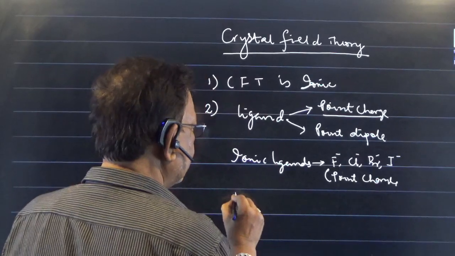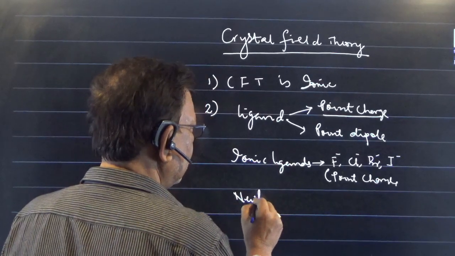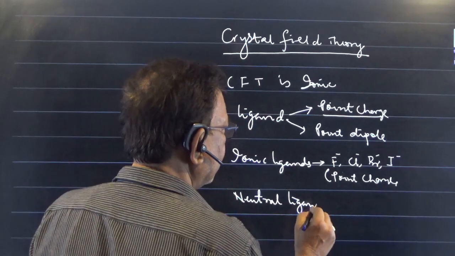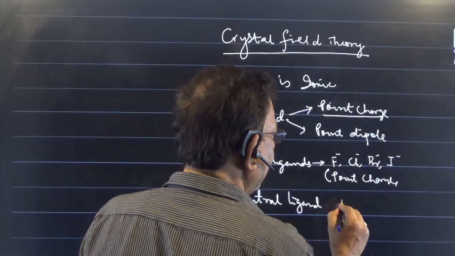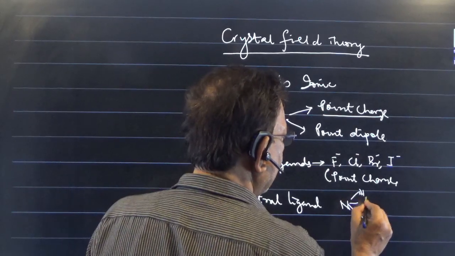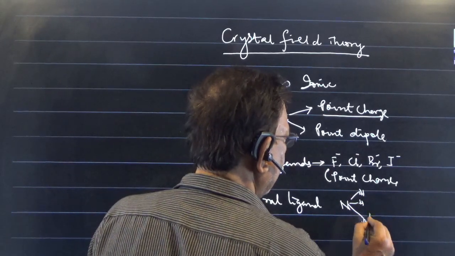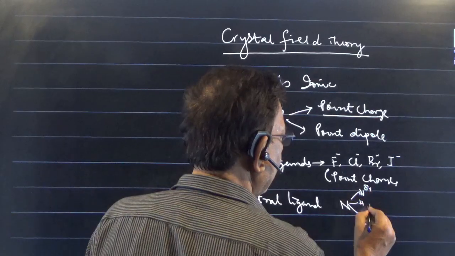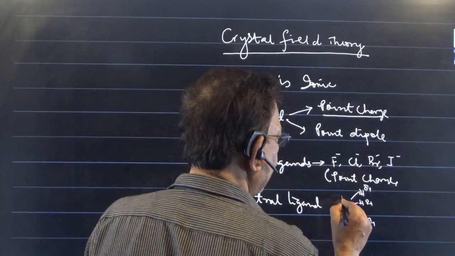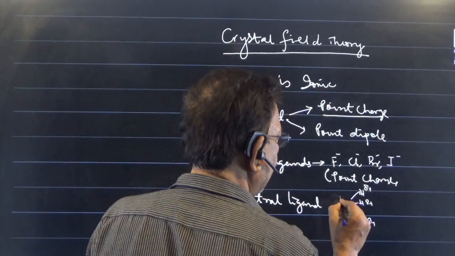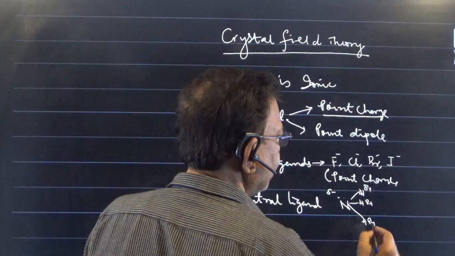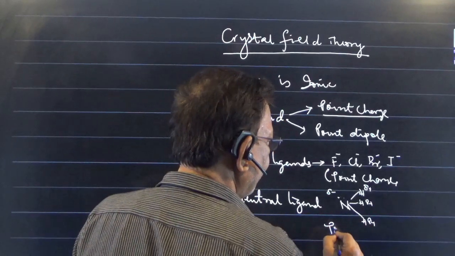And neutral ligands, say for example ammonia, this is a point dipole.